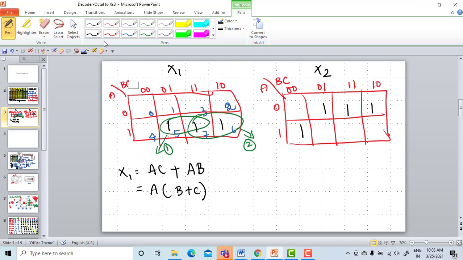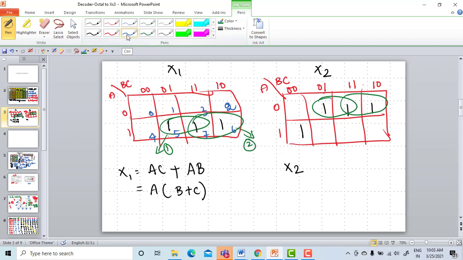Okay, and then go ahead here. This is x2. I may have 3 combinations, and this is left as such.